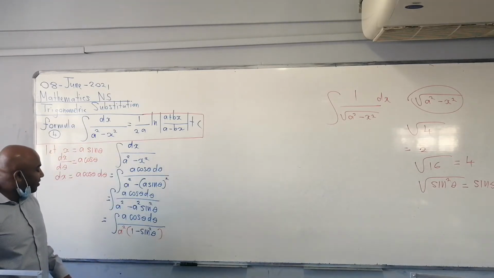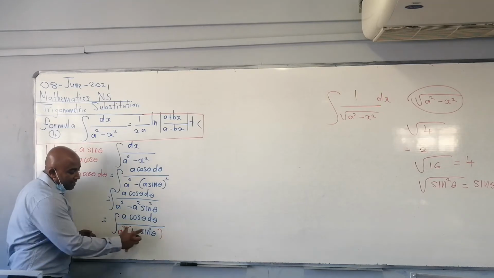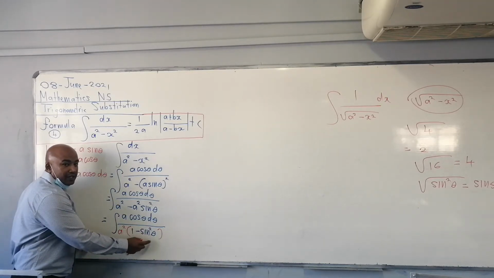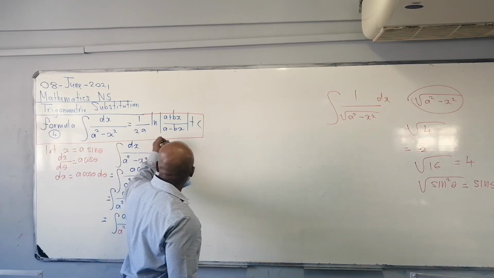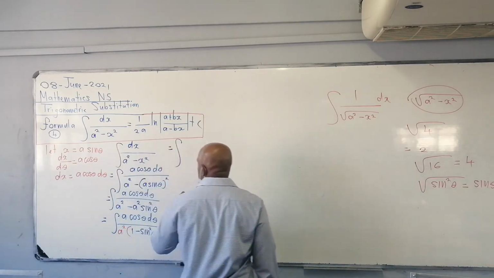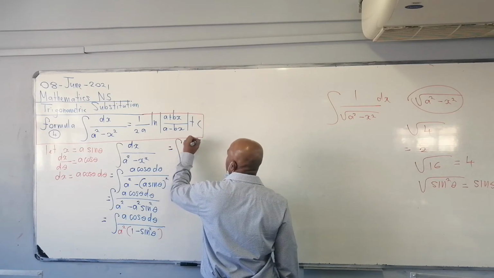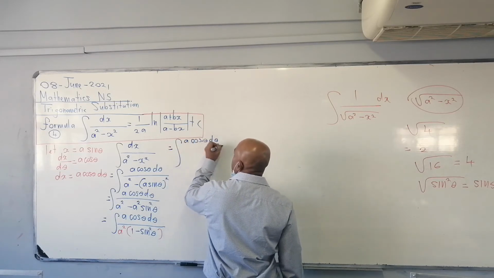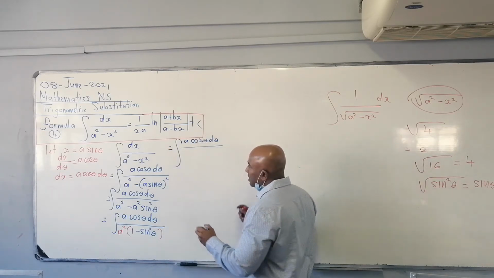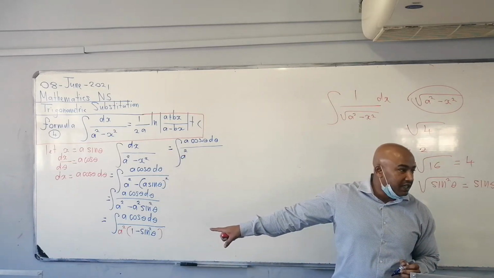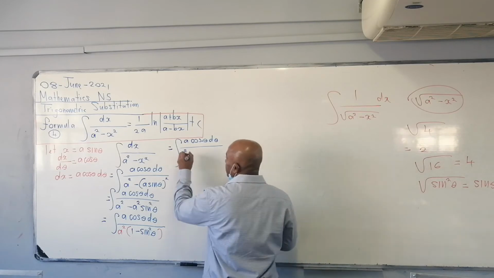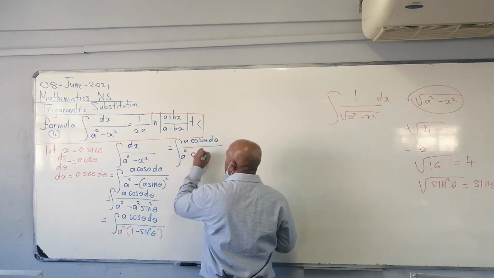Now we took out the common factor of a squared, so we can get the identity 1 minus sine squared. On the top I have a cos theta d theta, and in the bottom I have a squared, and I know that 1 minus sine squared is cos squared theta.